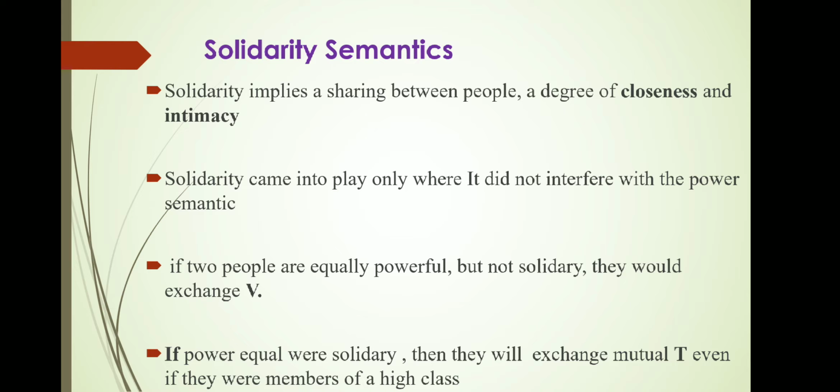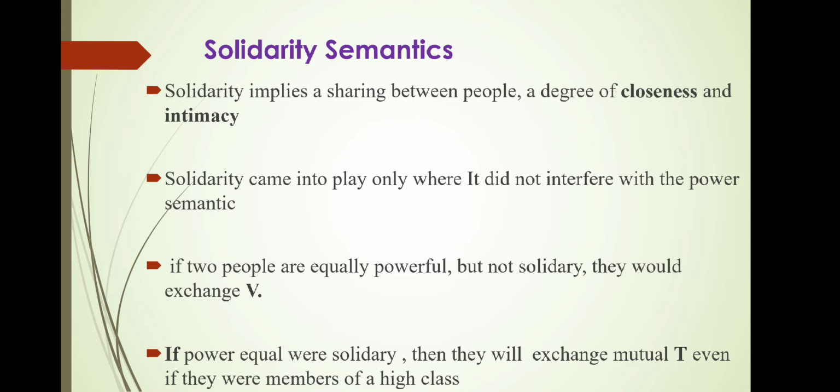If two people are equally powerful but not solidary, which means they don't share anything significant like family background or origin in the same village and so on, they would exchange V, just as the noble classes did before the solidarity semantic was developed.